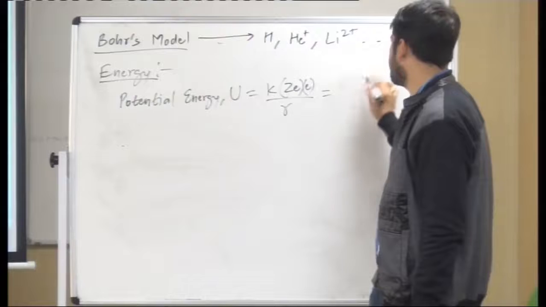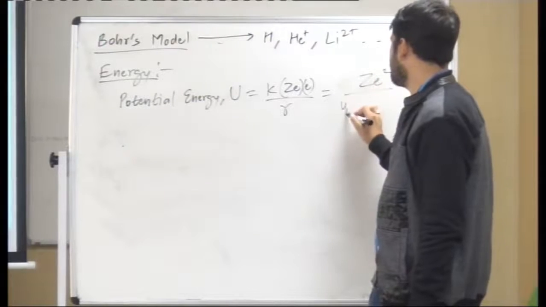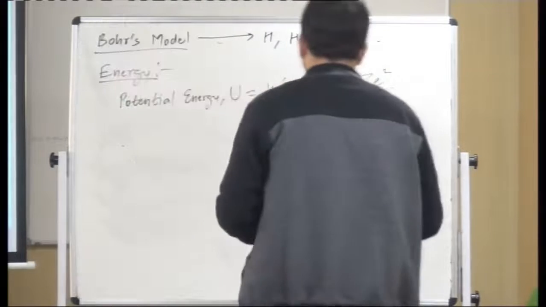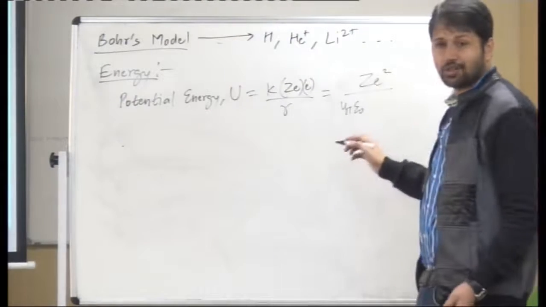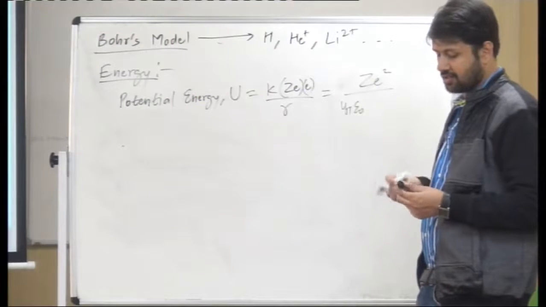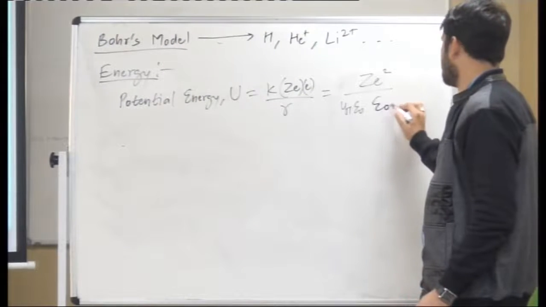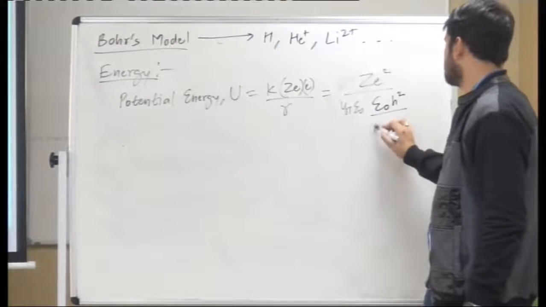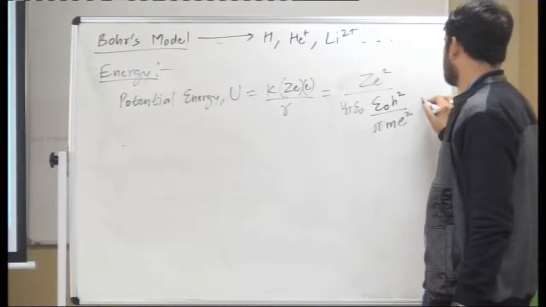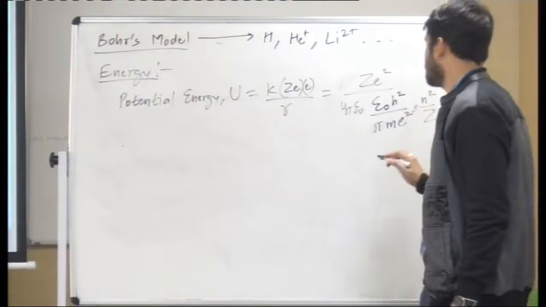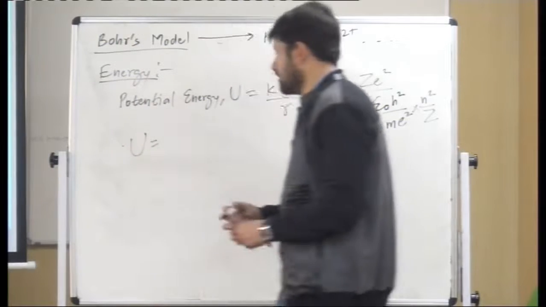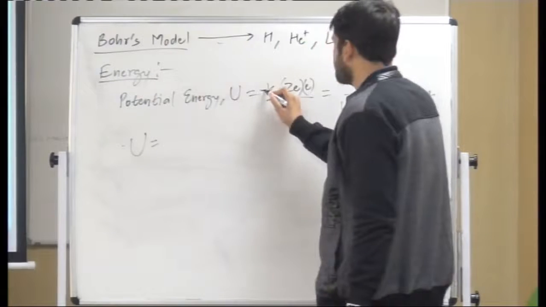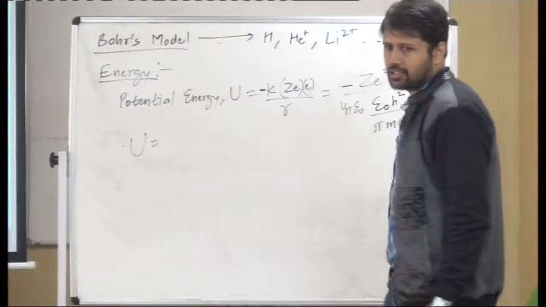In fact, I should be writing Ze square by 4 pi epsilon naught r. R was how much? I will have to tell you again. Epsilon naught. So if you write the potential energy, it should be negative as well because the electron has a negative charge, right?